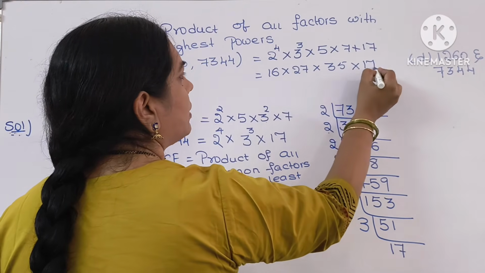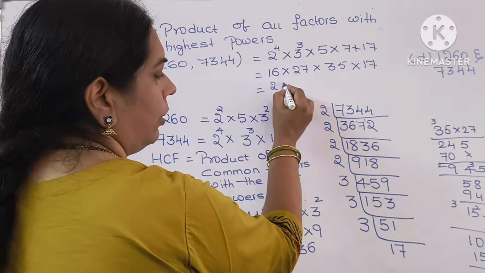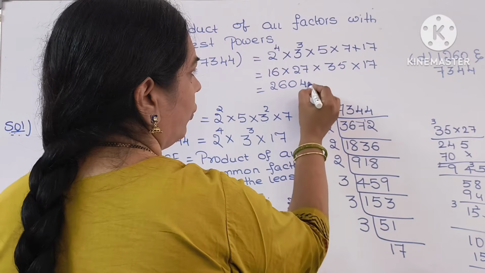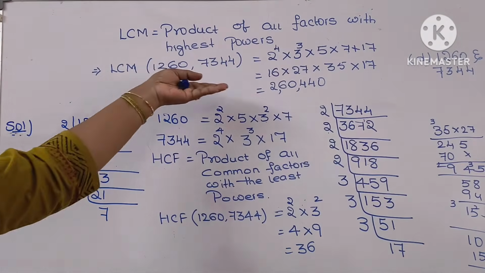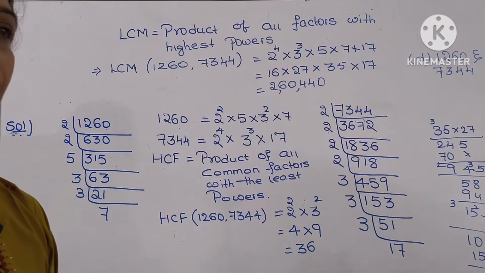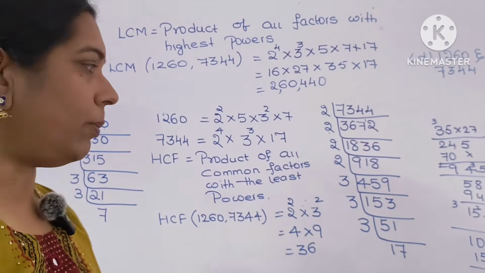Multiply it with 17. So this is a big number, 260,440. Keep commas. So the LCM of the given two numbers is 2,60,000 and change. This is how you have to find the LCM and HCF of any given two numbers.